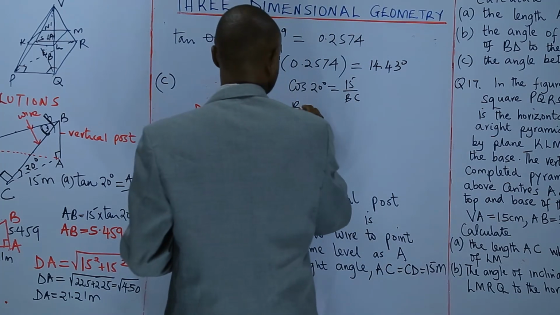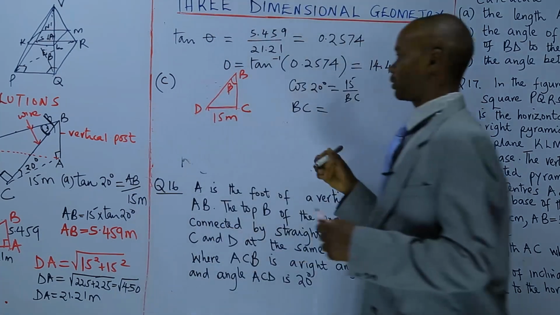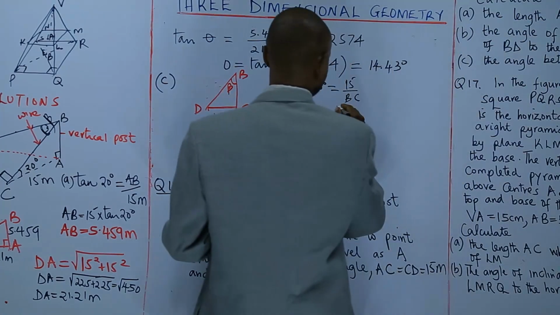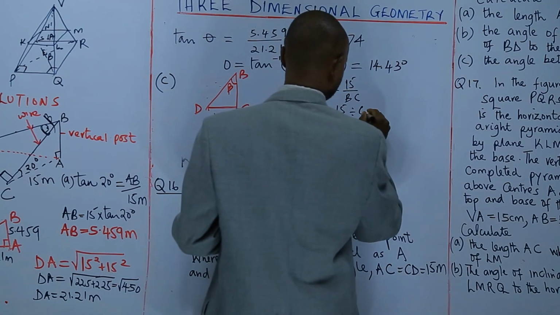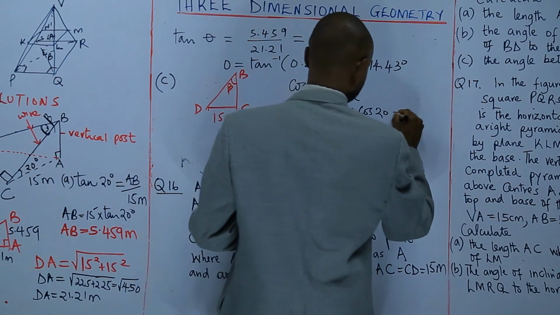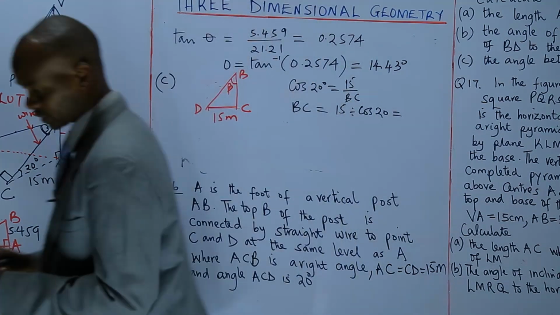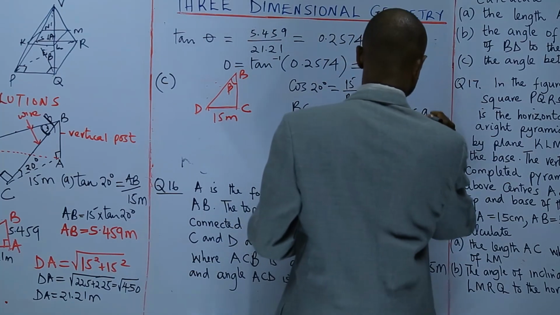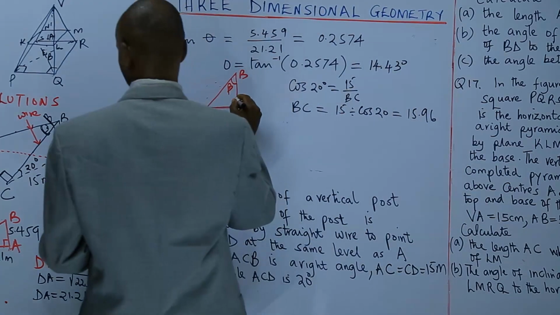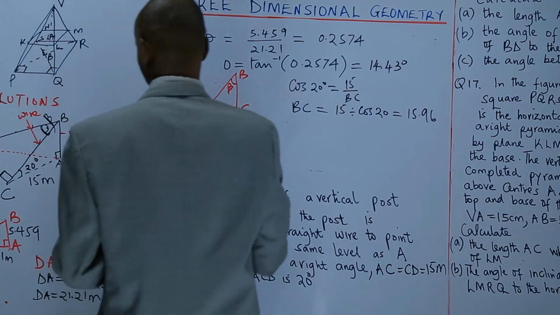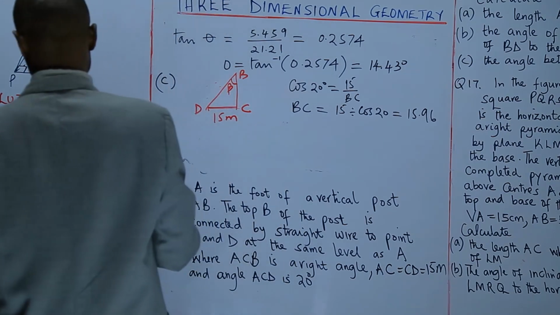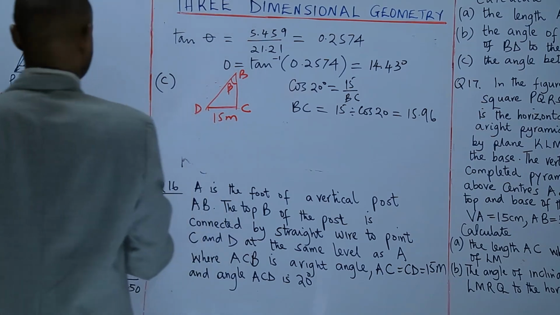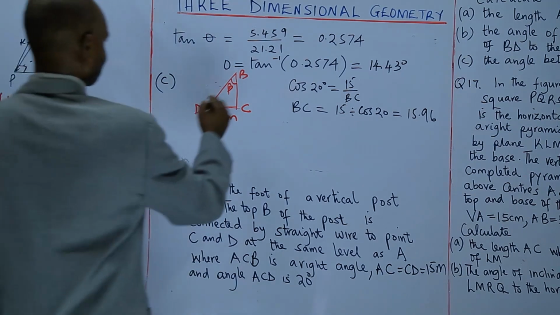So BC will be 15 divided by cosine of 20. What does that give us? 15.96. So this is BC, 15.96.